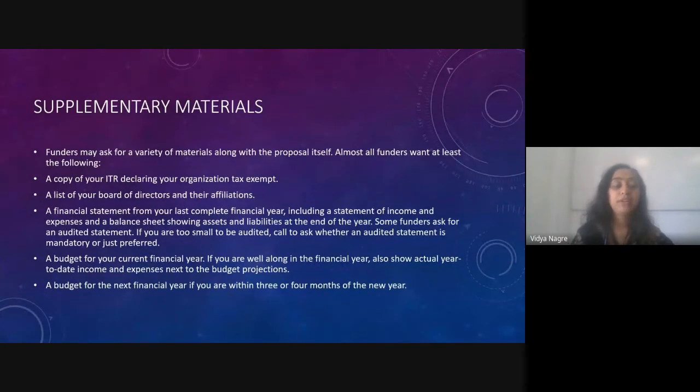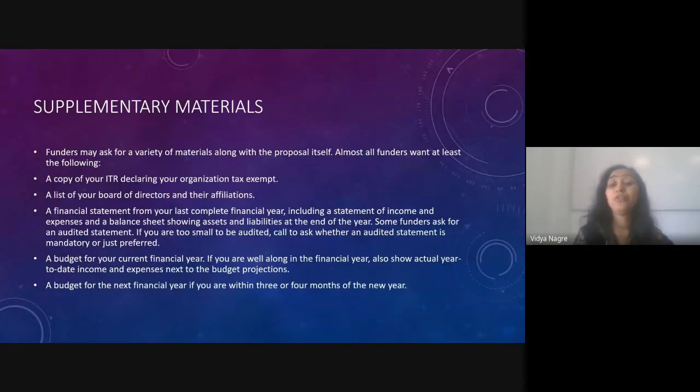Supplementary material. Funders may ask for a variety of materials along with the proposal itself. For example, if your organization is tax exempt, whatever documents are needed, such as ITR, Form 16 or whatever it is, you have to add to that, and you have to show that your organization is tax exempt. Only then will the funder approve the funds. Or a list of your board of directors and their affiliations to authenticate the data.